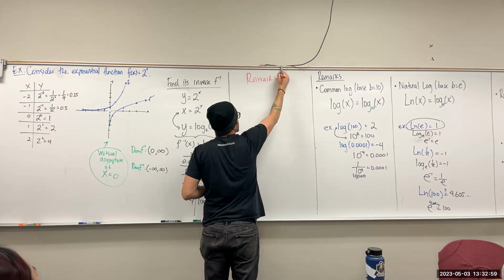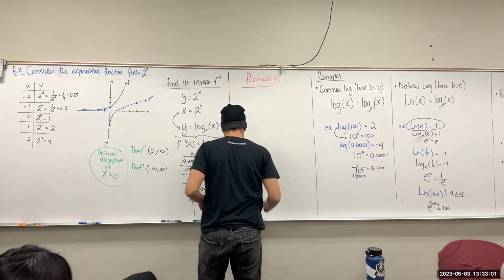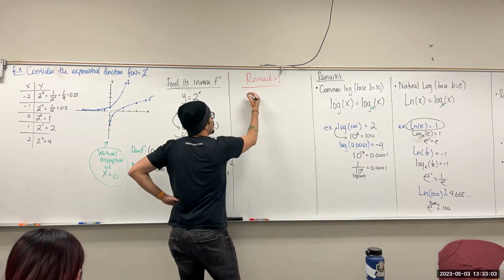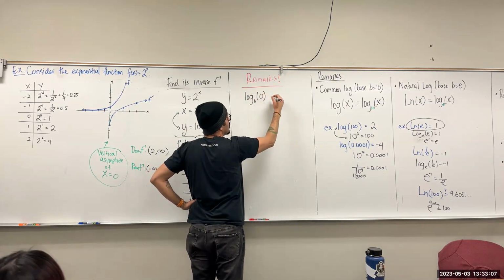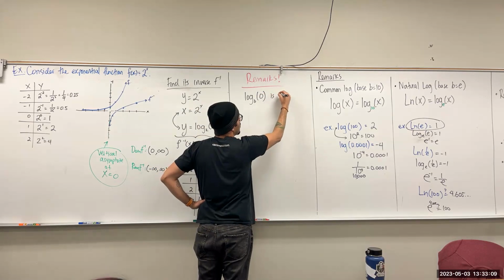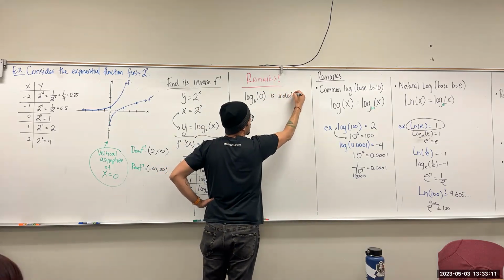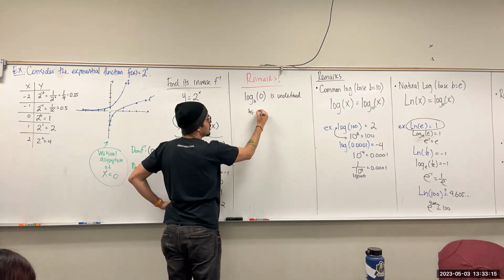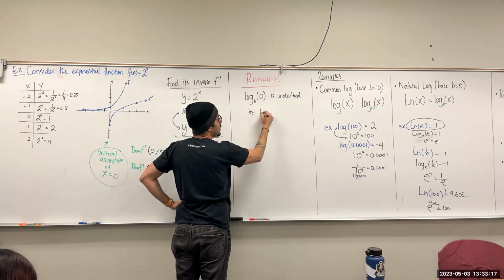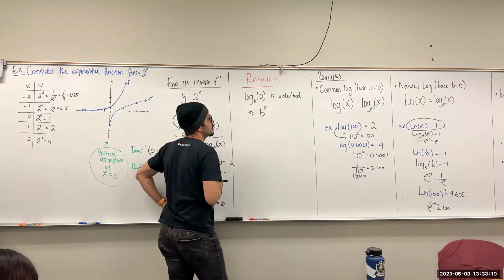Oh man, this red marker sucks. So the log base b of 0 is undefined for any base because b to the power of 0.